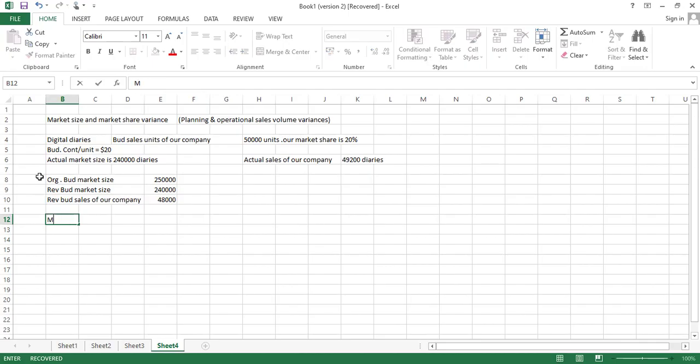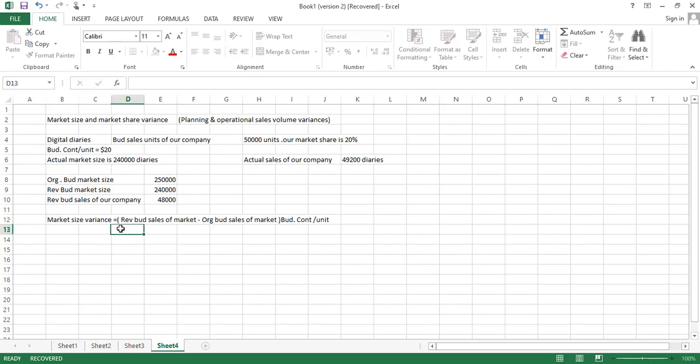Market size variance is equal to revised budgeted sales of market minus original budgeted sales of market, into budgeted contribution per unit.